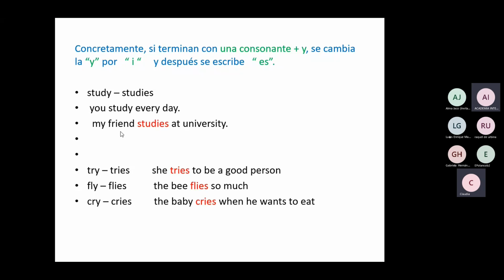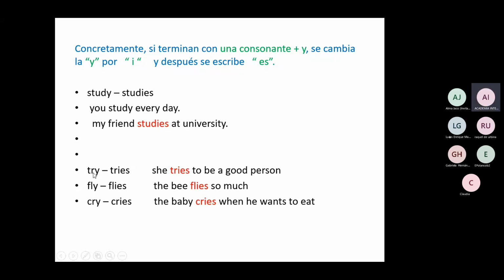Que solo en tercera persona se cambia, como el she, he, it. Ajá, correcto. Muy bien. Aquí, en you no puedo decir studies, pero cuando digo my friend, probablemente estoy hablando de él o de ella, ¿verdad? Es tercera persona, muy bien.